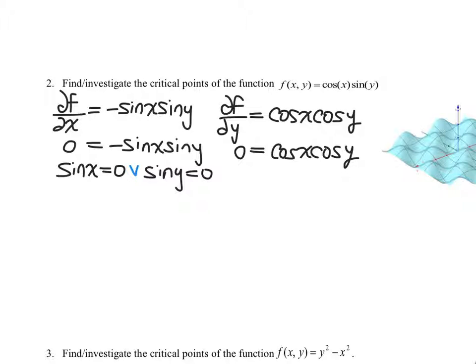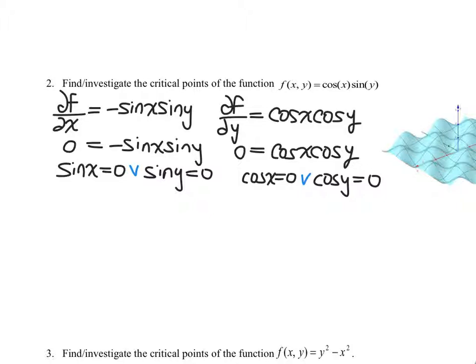All right, same idea for the cosines. Cosine x equals 0, cosine y equals 0. Think about the unit circle and the instances for which the sine function is equal to 0.